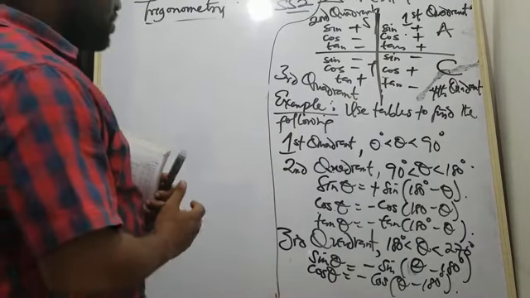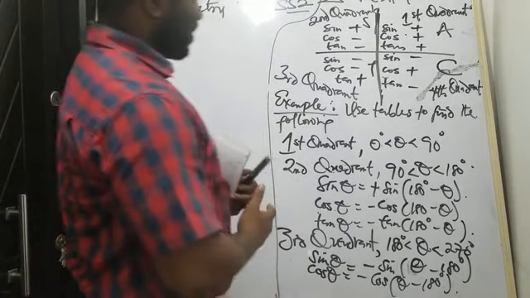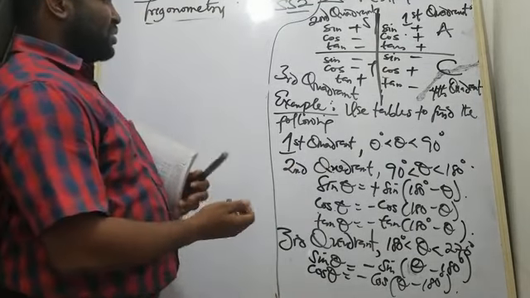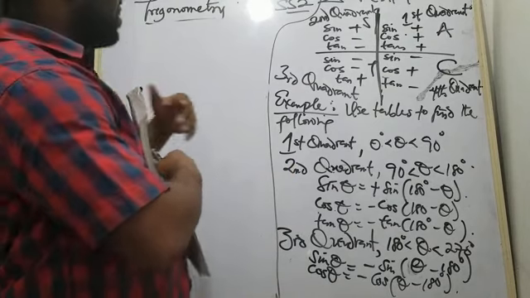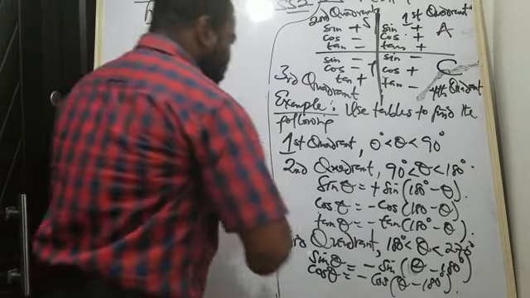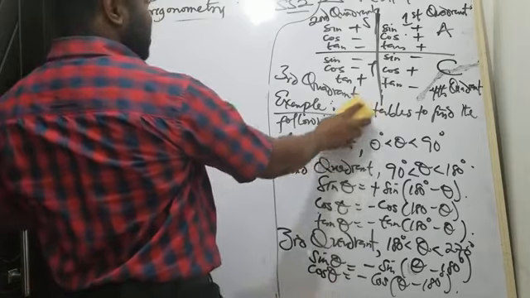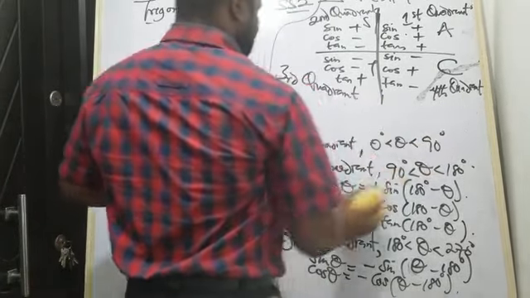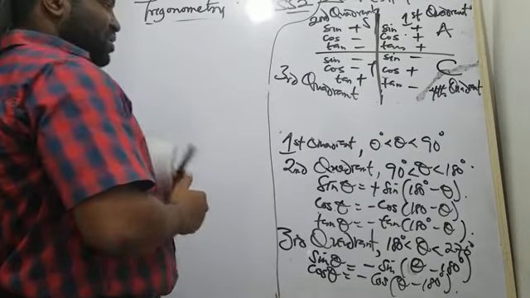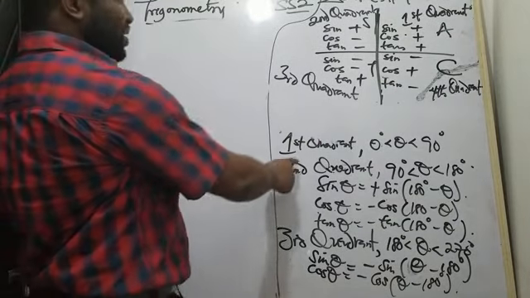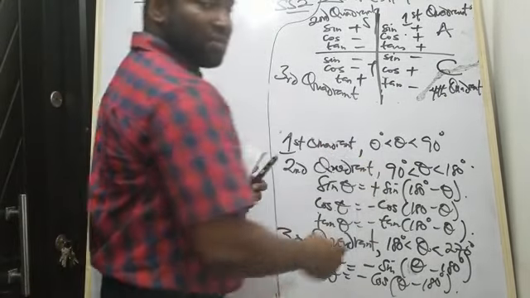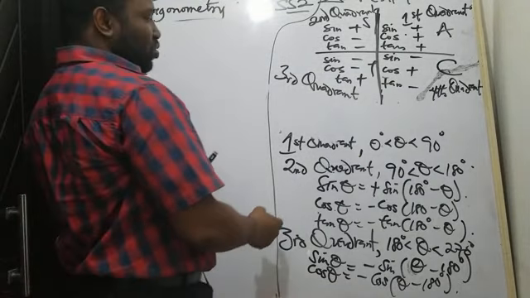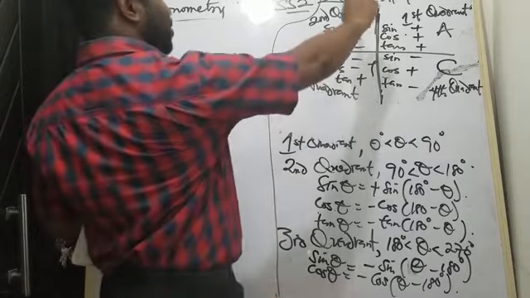Okay, now it is important, before we can take examples, we need to take into consideration some certain things. It means first quadrant is between 0 and 90 degrees. Okay, so it means all are positive.